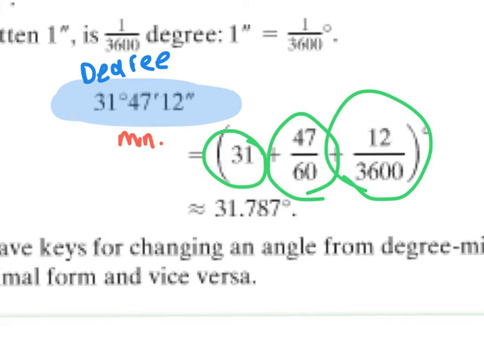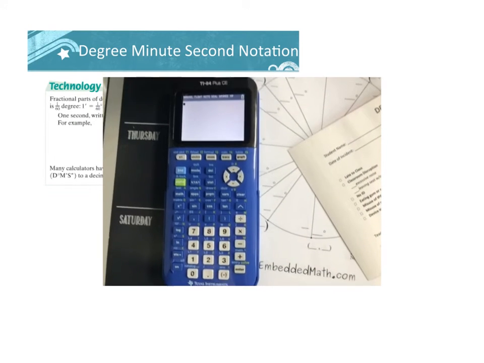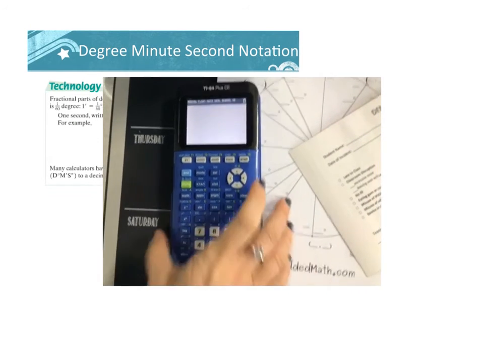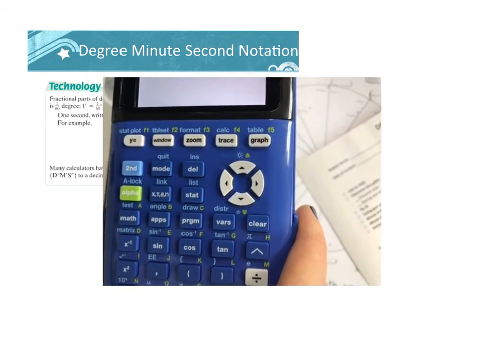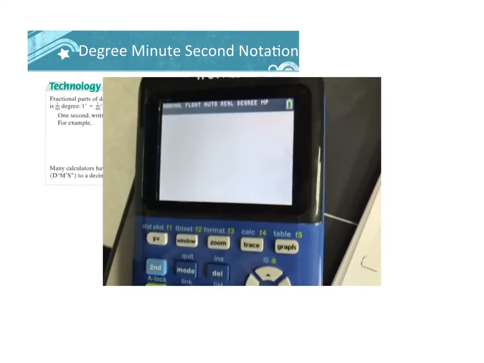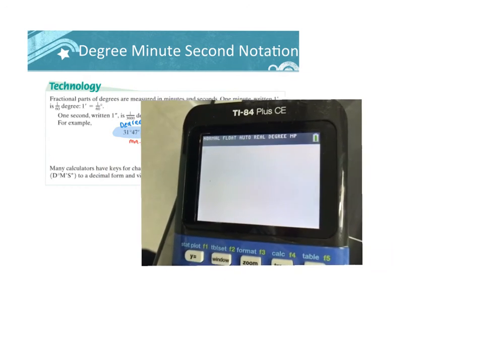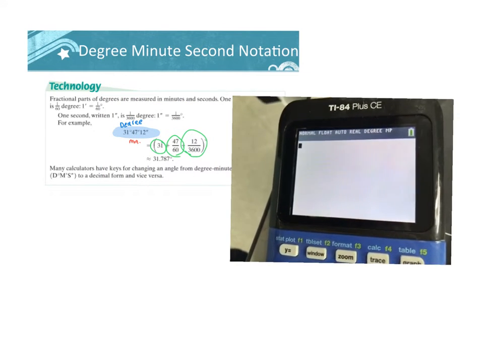So if you open up your calculator, you turn it on. All right, so on your calculator above the apps button is a little thing that says angle, and that's the button we're going to utilize to get from degree, minute, second notation into decimal degree, which is the one without the double tick marks and single tick mark.